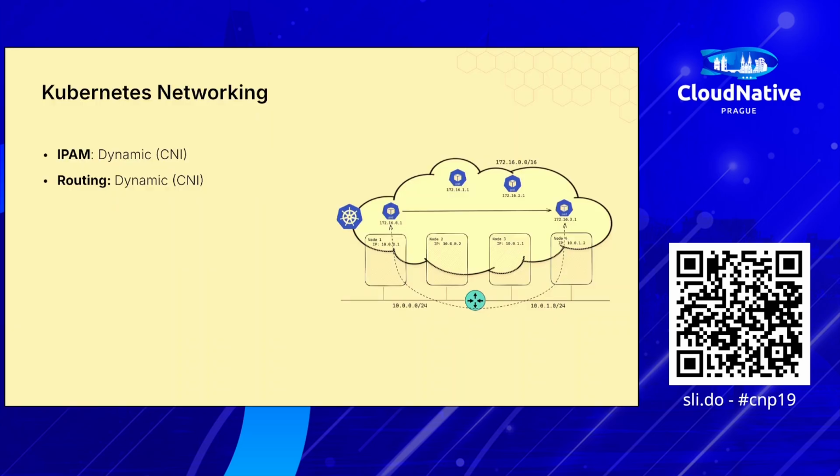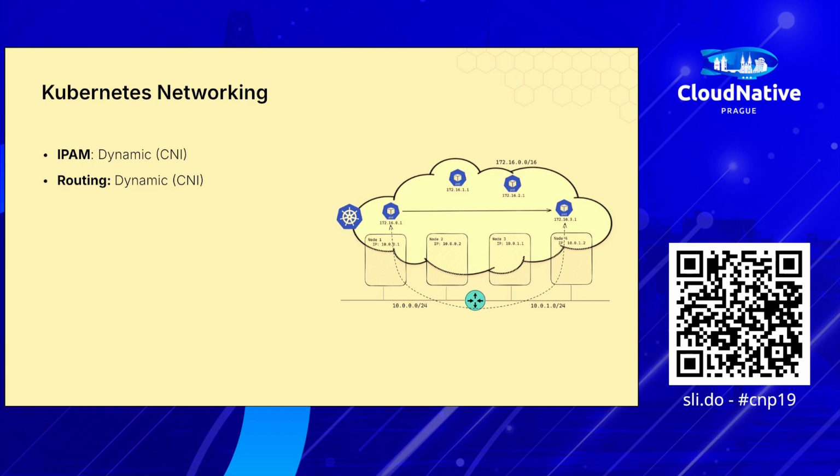But let's do a refresher of the very basics. To me, when I think about Kubernetes networking, there are some very basic concepts, very basic requirements of what the Kubernetes standard requires from the networking perspective.